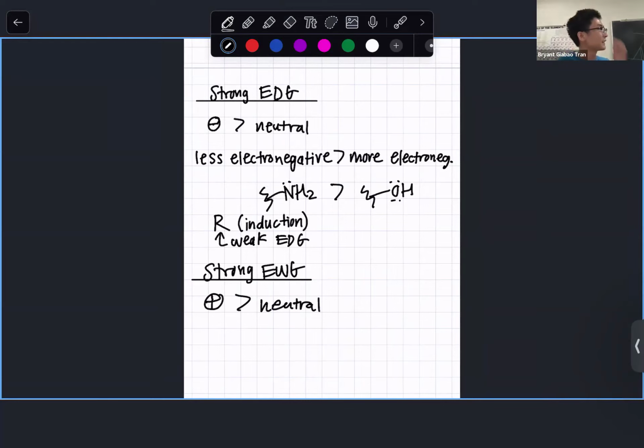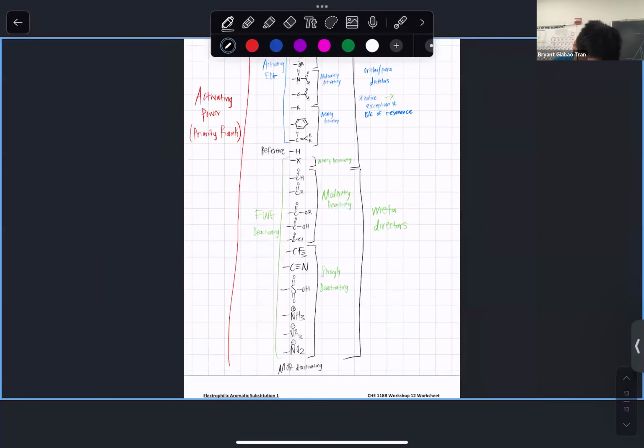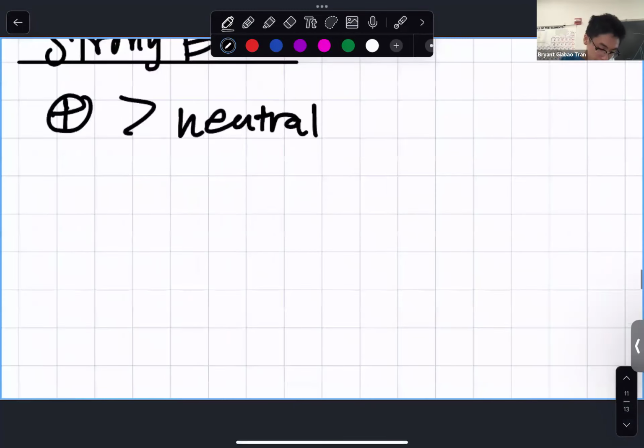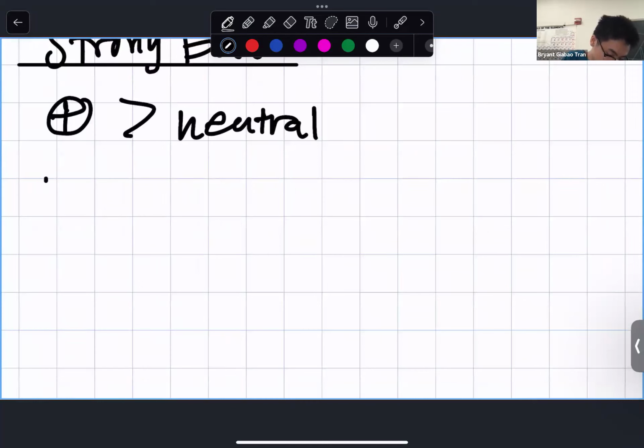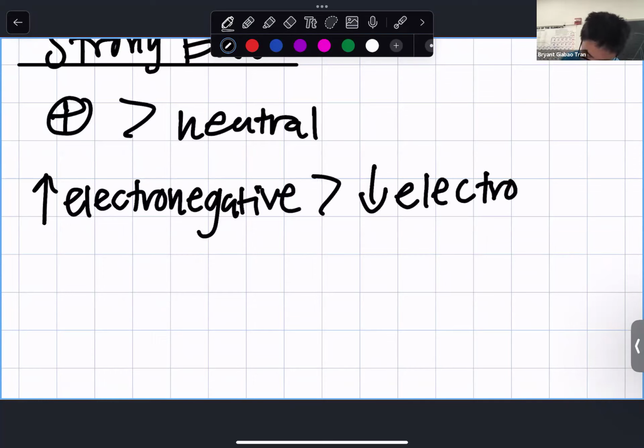Another thing: more electronegative atoms nearby are better than less electronegative atoms.